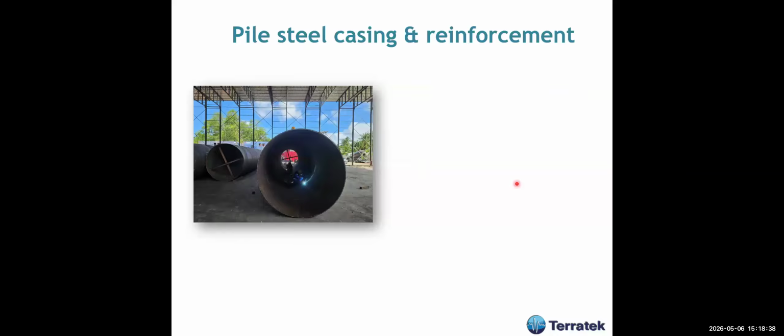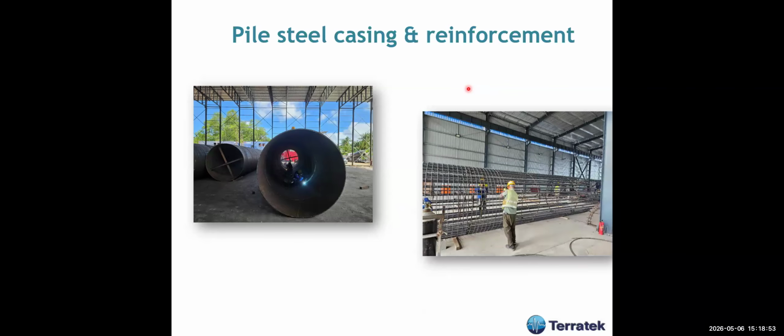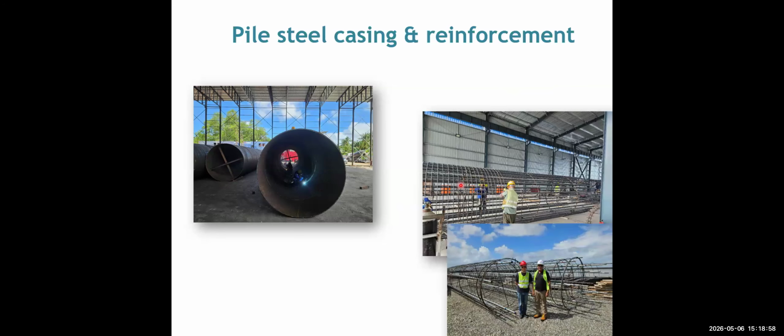This is how the piles were built. This is the steel casing, which was locally built for these piles, and they went throughout the Demerara clay, and this is how the reinforcement cage was being built.